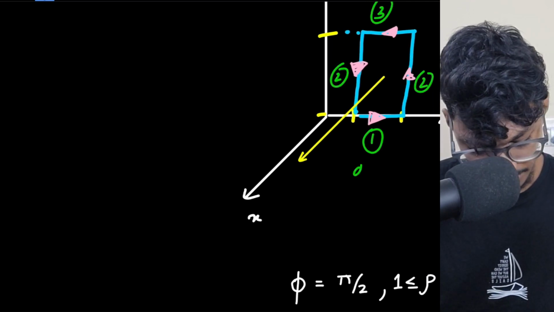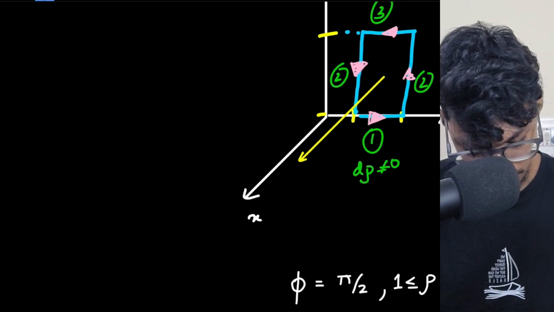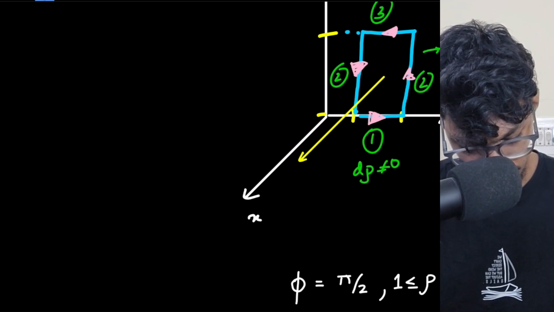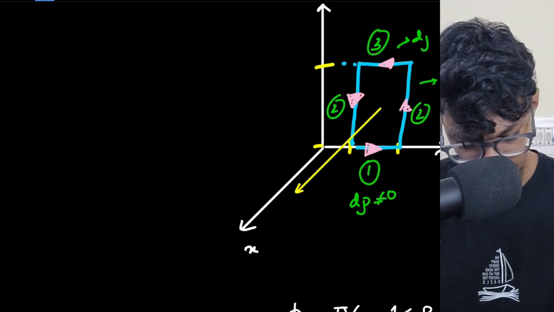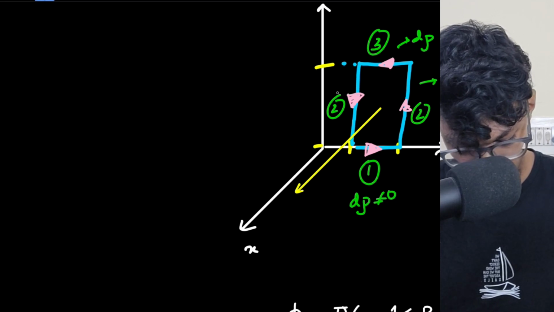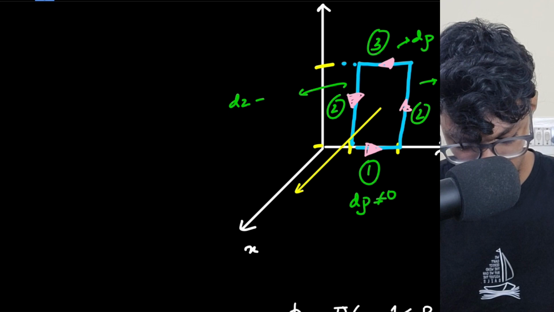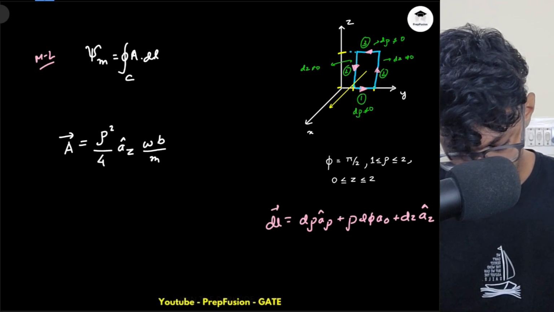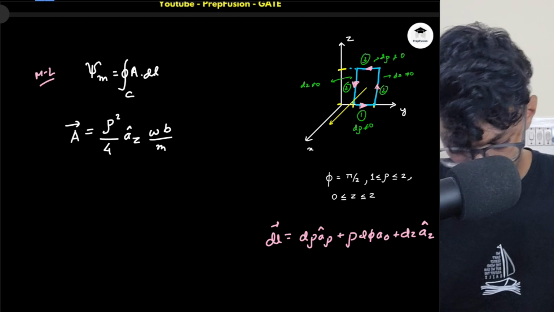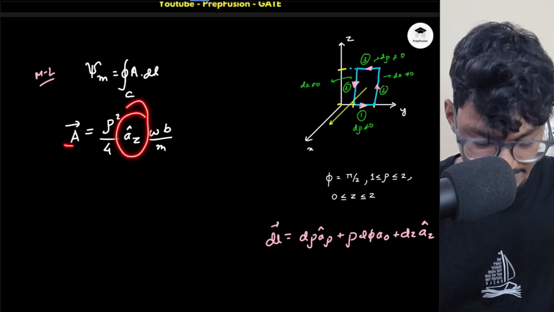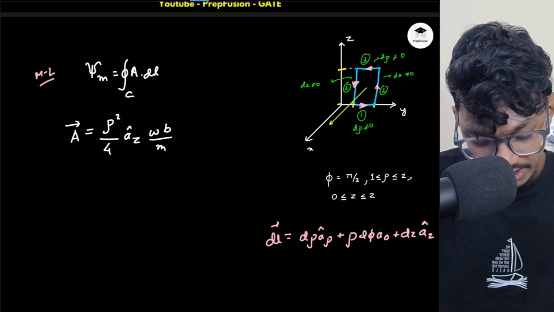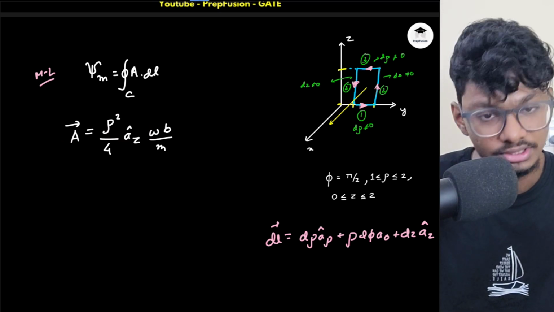Here my d rho is non-zero. Here my dz is non-zero. Here again the same thing, d rho is non-zero, and here the same thing again, dz is non-zero. So I can break this down further, and my A is only in the az cap direction. So I won't even care about the other directions.